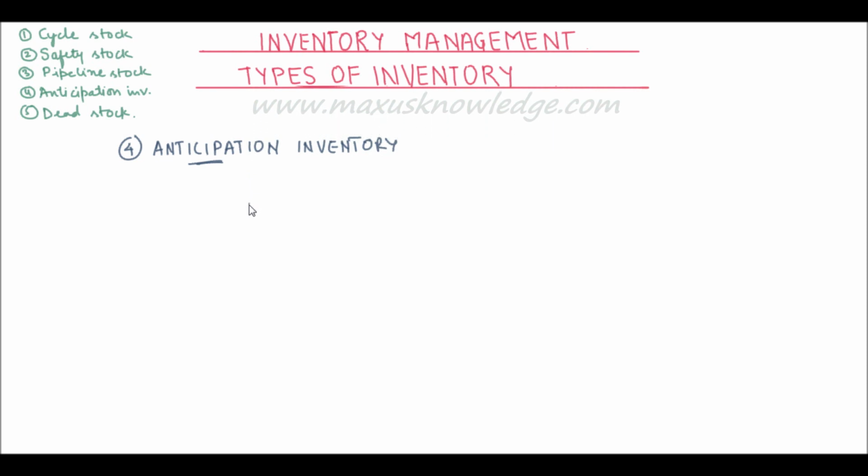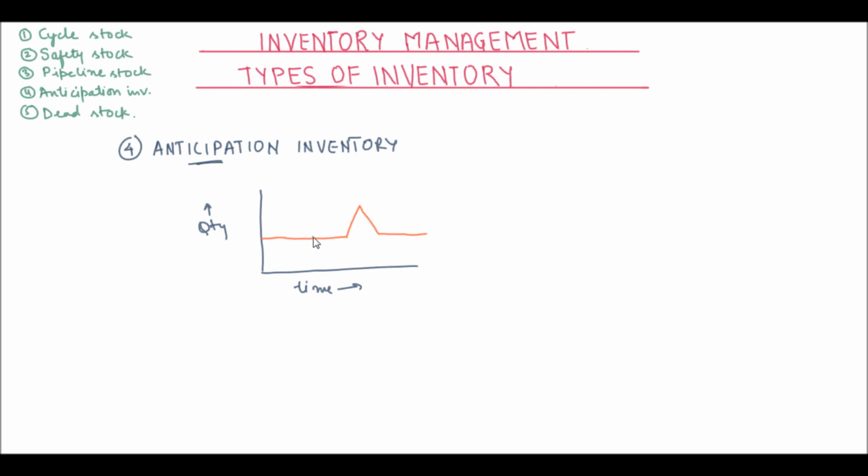So the manufacturers can stock the anticipation inventory during the period of low demand so that the output levels don't have to be increased much when the demand peaks. So let's look at a graph to understand this. So let's say this is the demand of the seasonal items like air conditioners or refrigerators. So demand is, let's say, stable, and then it suddenly spikes during the summer season.